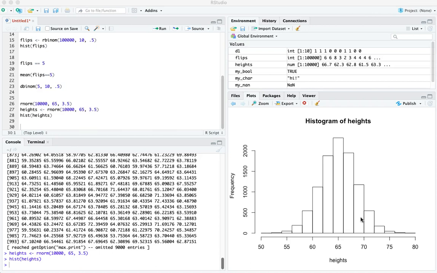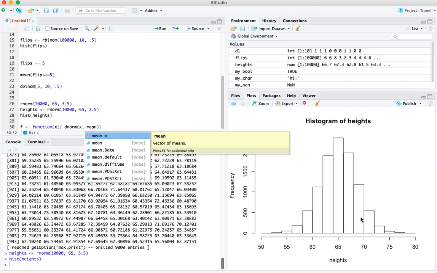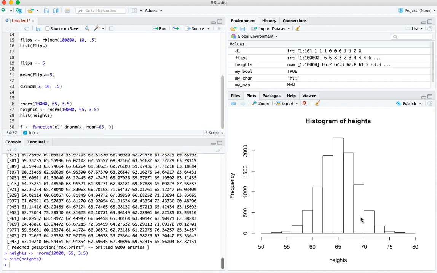Okay, so we are going to get started with our function. We're going to define our function as f, the function that takes x as a variable, and the function is dnorm, where we pass it the variable x, and the mean of all of our women is 65, just like it was before, and the standard deviation is 3.5, just like it was before.